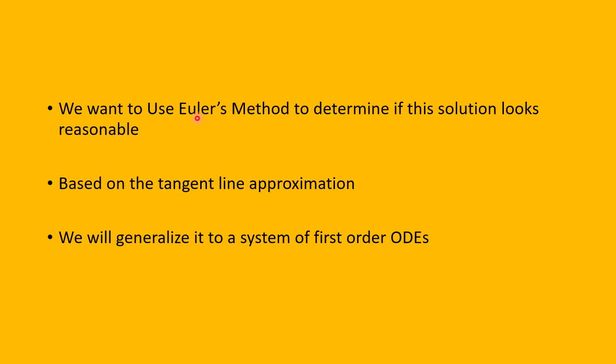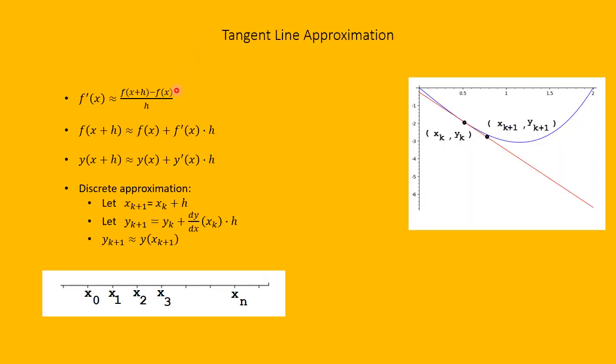Euler's method is based on the tangent line approximation that hopefully you saw in a calculus course, and we will generalize this tangent line approximation to work on a system of first order ordinary differential equations.